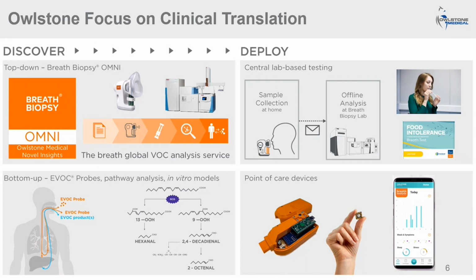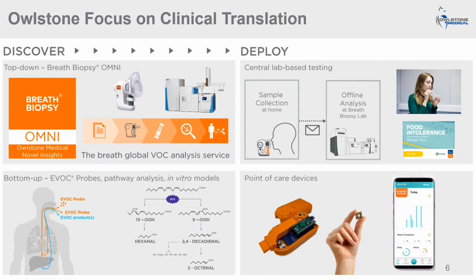The very easiest option that you can consider is something like central lab-based testing, with breath sampling either performed in the clinical environment or in the home environment. To give you an example of how this is being used right now, we currently provide hydrogen and methane tests for SIBO and food intolerances, where sampling kits are shipped to the patient's home.